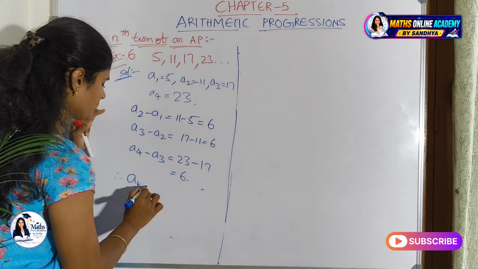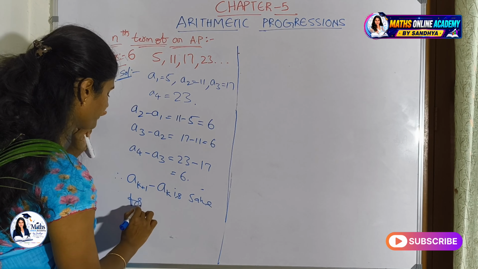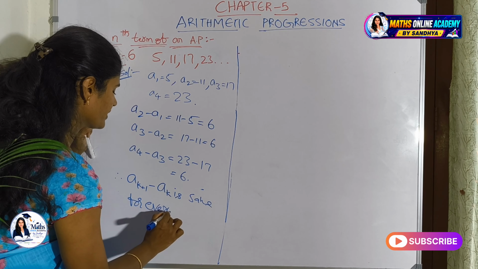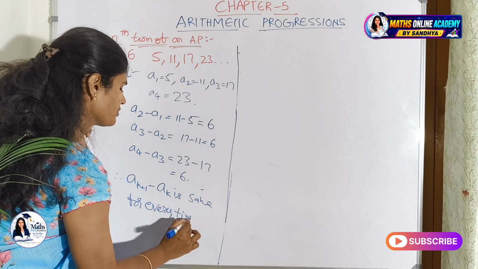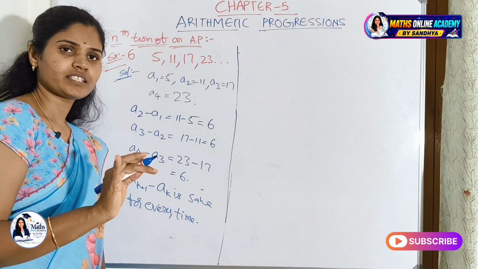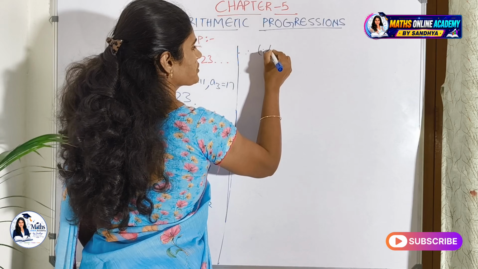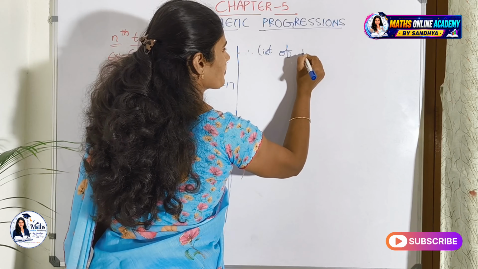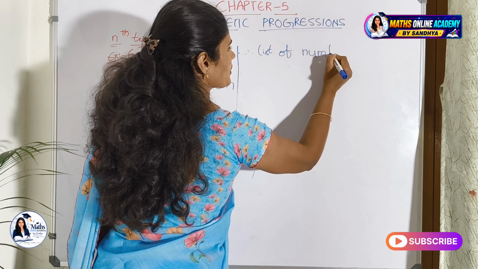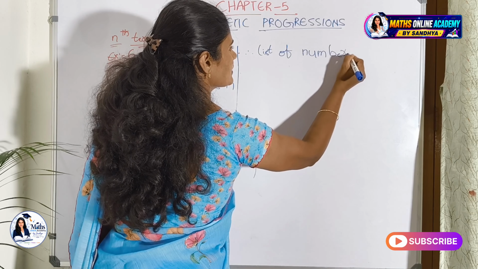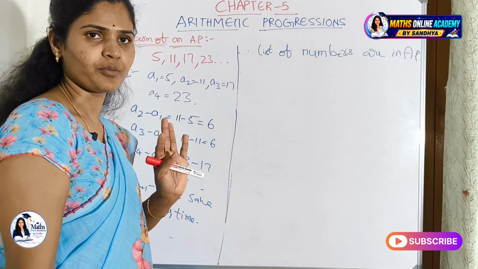So write down: AK plus 1 minus AK is the same every time. So the list of numbers is in AP. Therefore the list of numbers is in AP.